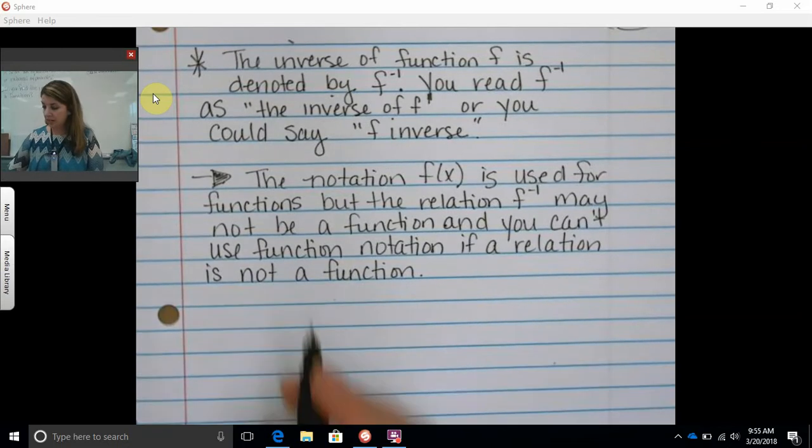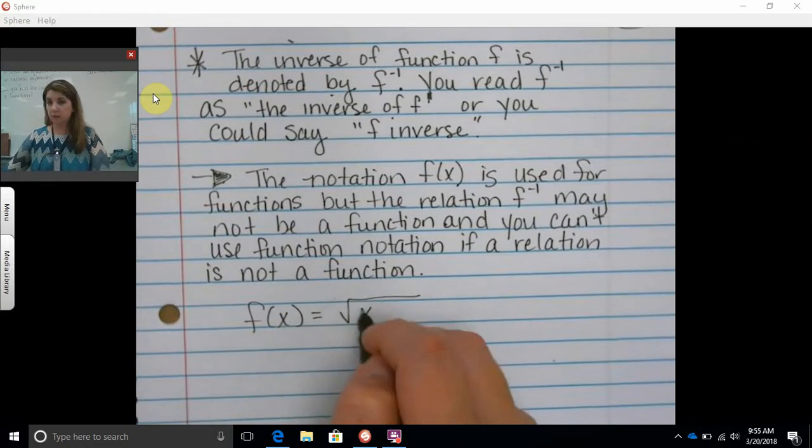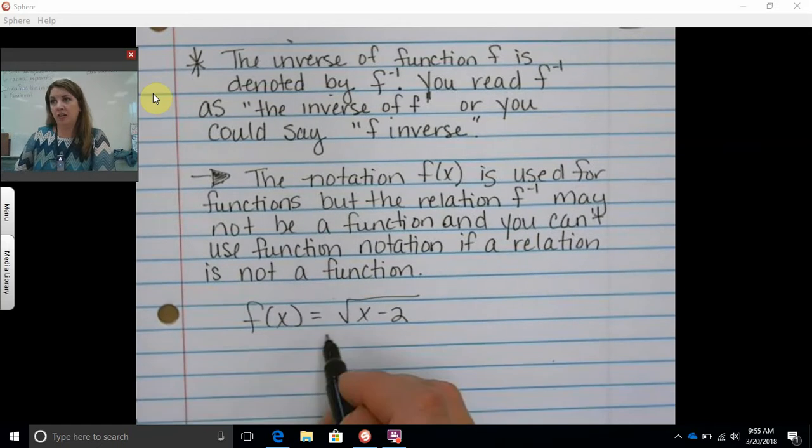So I have f of x equals the square root of x minus 2. That's the way the problem is given to you. Is that a function? Yeah. Even though x is under the radical, it is a function because it doesn't have the positive negative out there, okay?